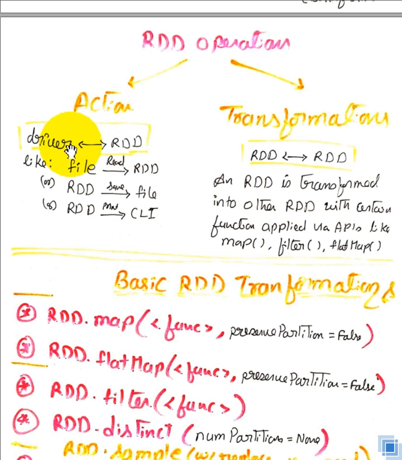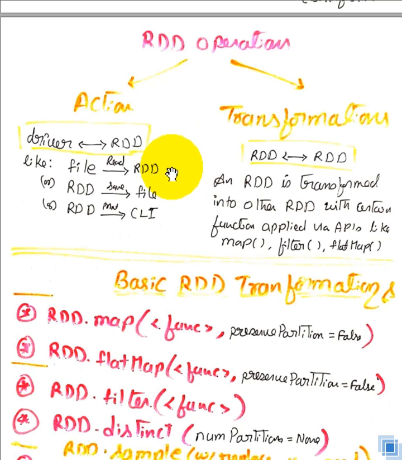For instance, you're reading data from some driver application, that is a local file system or database, into an RDD, that's action. Or conversely, you're going to send the output of the RDD and save it on a driver file system.